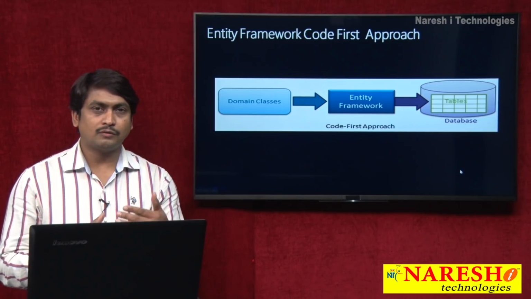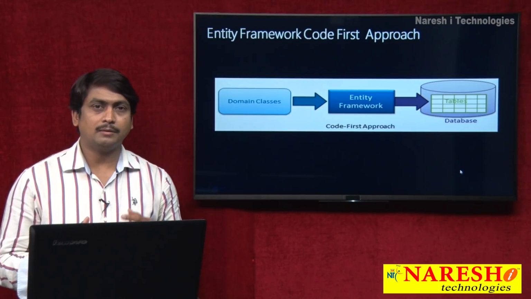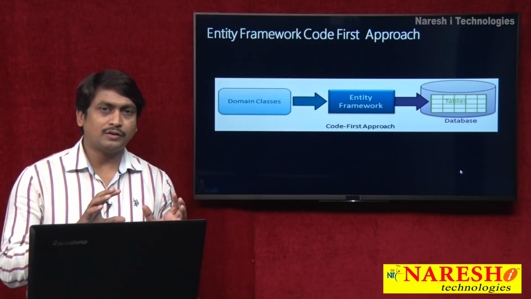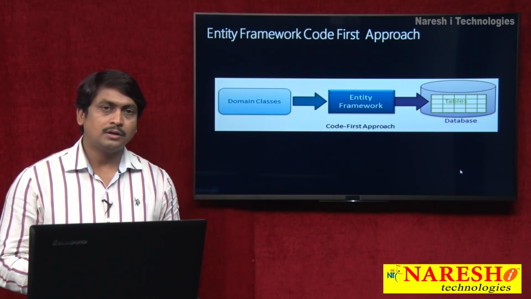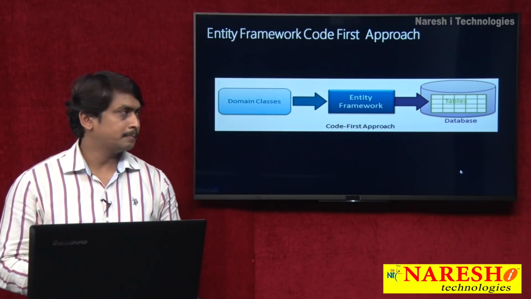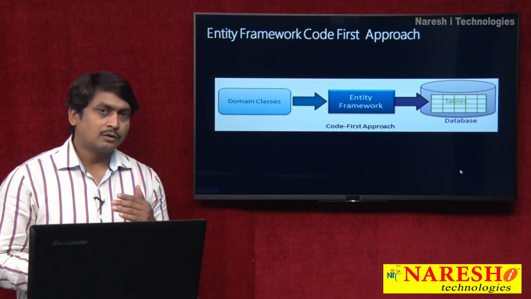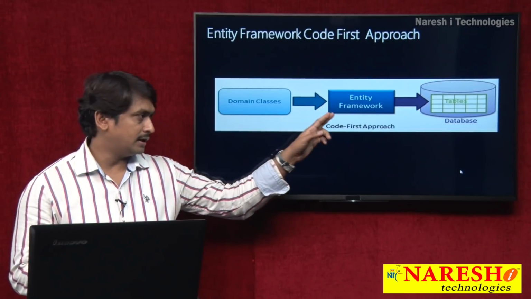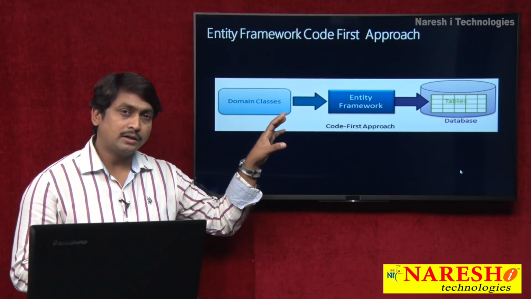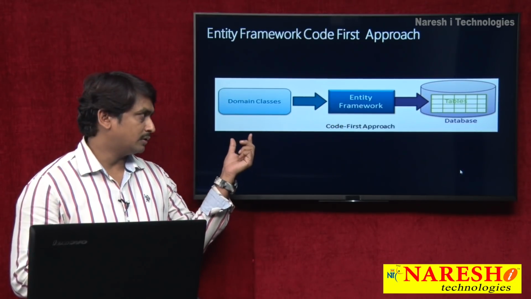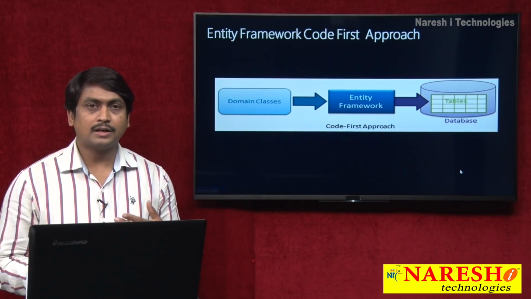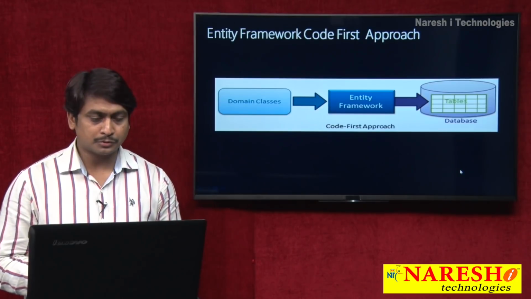Whatever you write for the domain specific and business requirements, Entity Framework will generate all the database and tables. So, in code first approach of Entity Framework, we are going to create a database and tables by using the domain specific classes. Let us see how we can handle this code first approach.